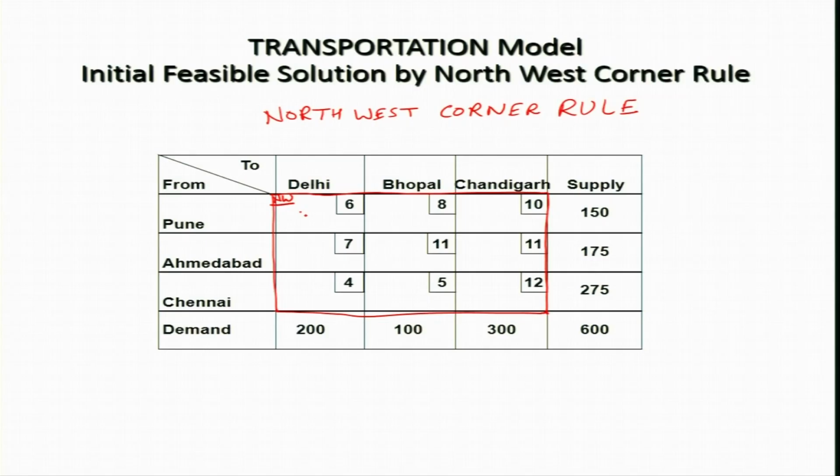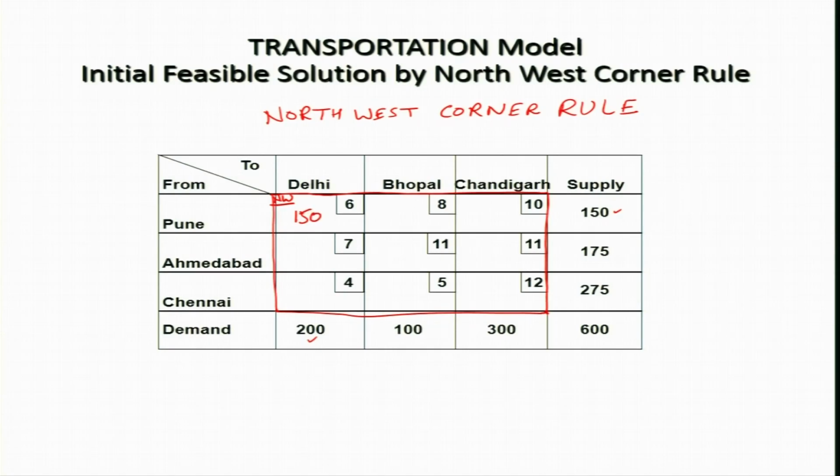So, we start from this particular corner. How much maximum quantity can I transport from Pune to Delhi? Pune has a supply of 150, Delhi has a requirement of 200. So, out of these two numbers, the one which is minimum, that much I can transport from Pune to Delhi.